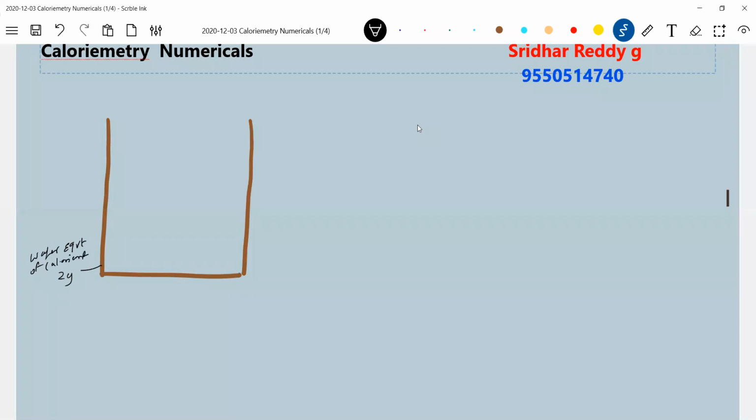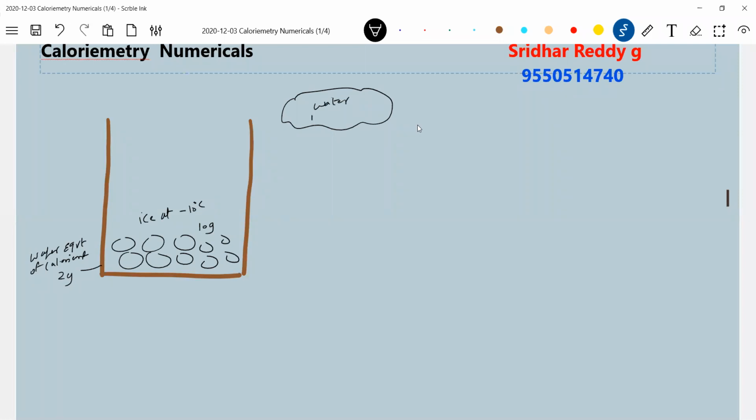So initially it contains ice at say minus 10 degrees Celsius. What is the amount of ice? Let it be 10 gram. For this, I'm going to add 20 gram of water at say 10 degrees Celsius.